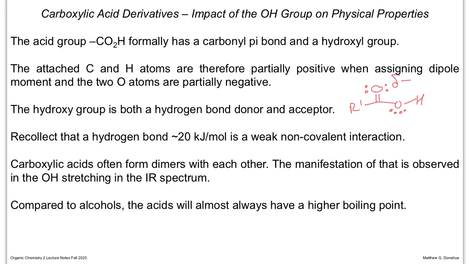So our normal carbonyl bond dipole, now we have this acidic hydrogen. Remember, the pKa of a carboxylic acid is about 5. Because they all have this, that number can change based on what this R1 group is. What makes these have such high boiling points is they can form these dimer structures.